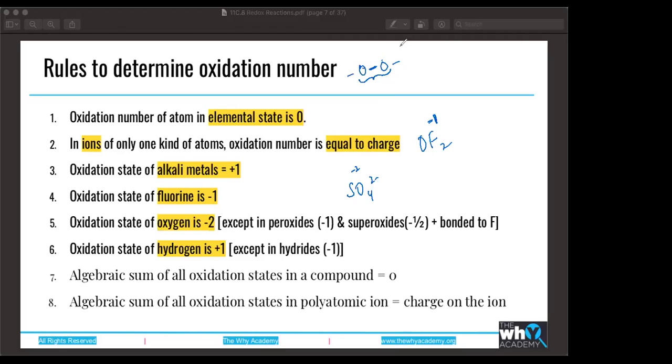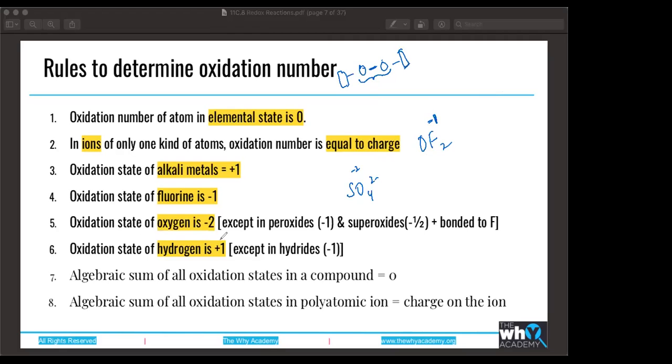So the only electron shift is occurring partly from the external bonds. That's the reason in peroxides and superoxides you've got fractional oxidation states. Only when oxygen is directly bonded to fluorine does it take a positive oxidation state, because fluorine is more electronegative and pulls the electrons towards itself.